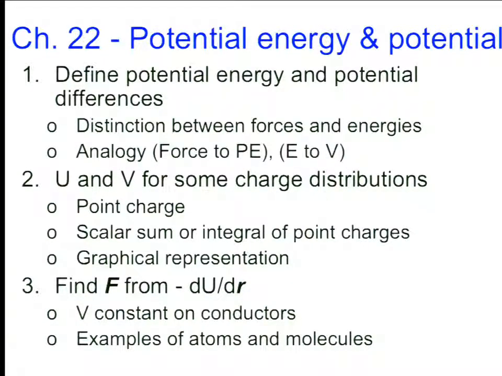I have to get the electric field times the distance I move, and that will tell me the potential difference. So these are all definitions. I hope you've seen these in the book.